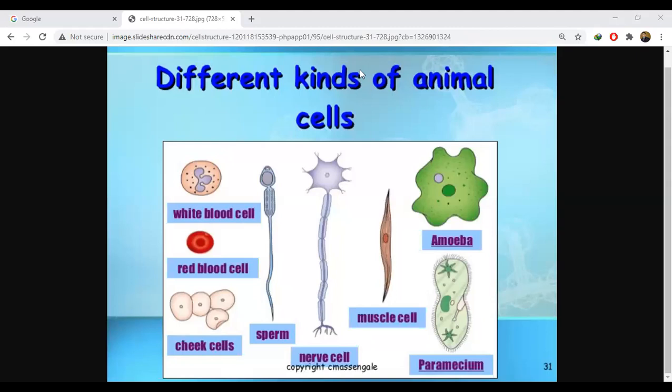No. Do all humans do the same job, function? No. Likewise, cells are different in their shapes, different in their size, different in their functions, their job. Hope it is clear for you.